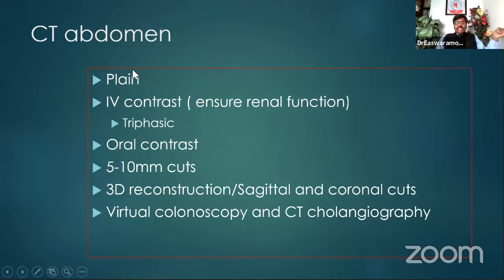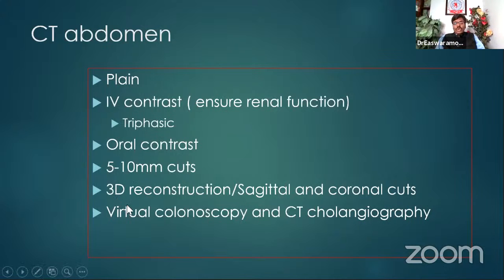CT, as I said, can be plain and contrast. You sometimes give oral contrast to see any perforation. You want to see contrast extravasation. Okay, and you always take small cuts so that you are able to see any vascular or local invasion, because staging of the disease, whether it is a tumor or anything, can be easily done with closer sections like 5 millimeter cuts.